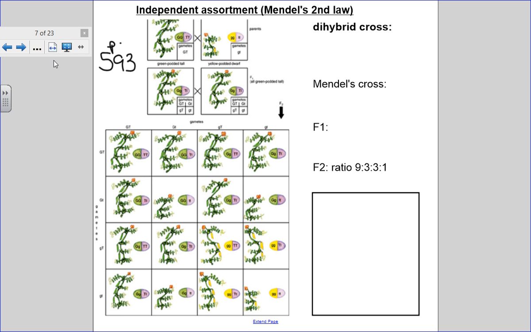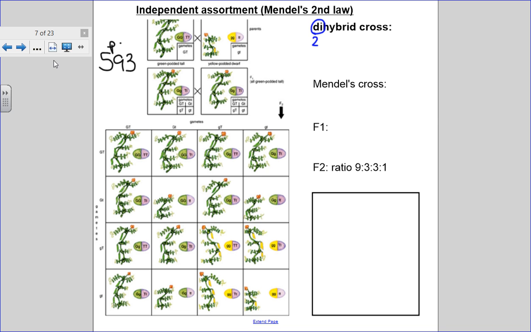This picture can be found in a very, very similar looking state on page 593 of your textbook. Now what Mendel did was, of course, some monohybrid crosses, but he also performed some dihybrid crosses.